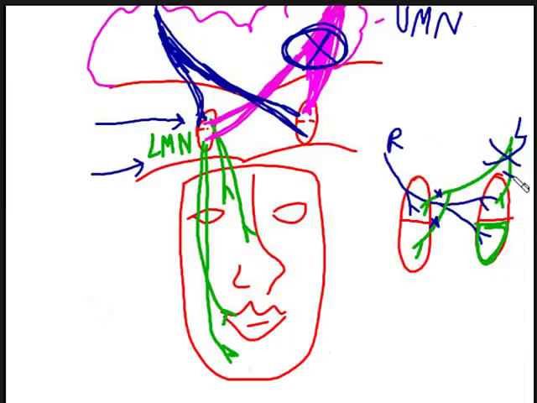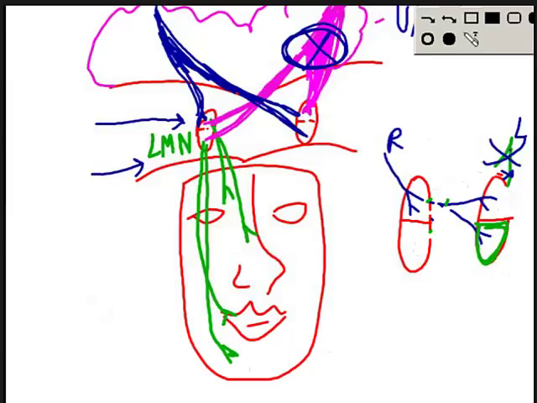So just to show you, I'm going to erase everything that goes. So this goes here. This goes here. This goes here. Now that should give you a good idea. So this is where the damage is.